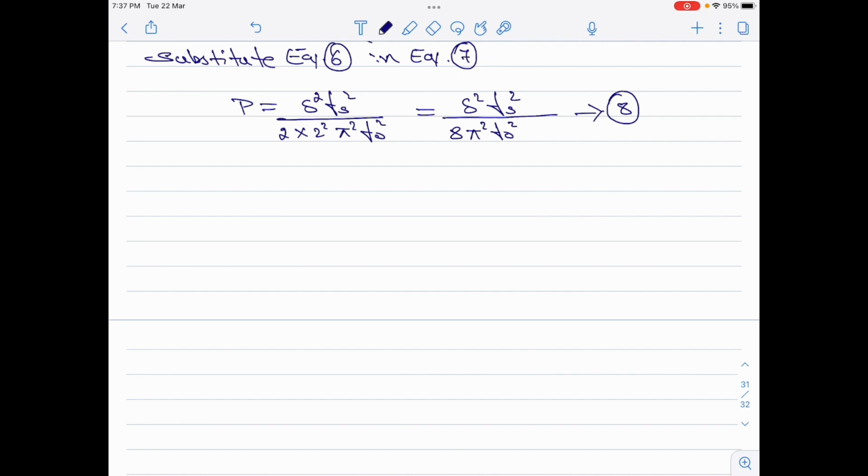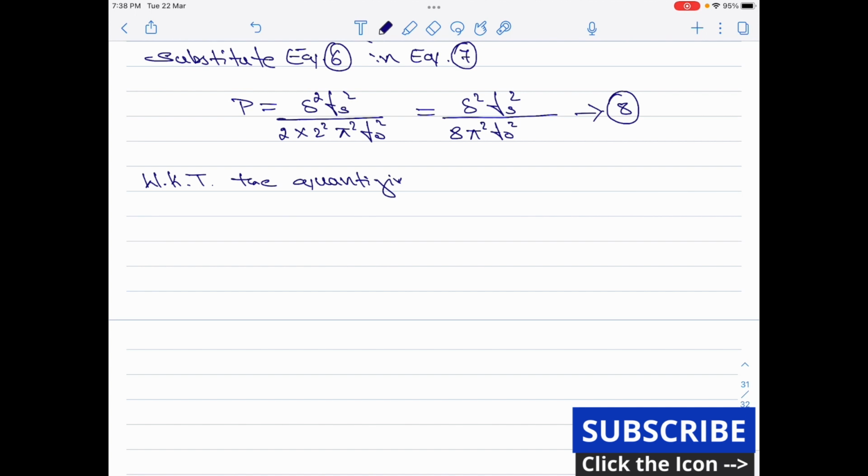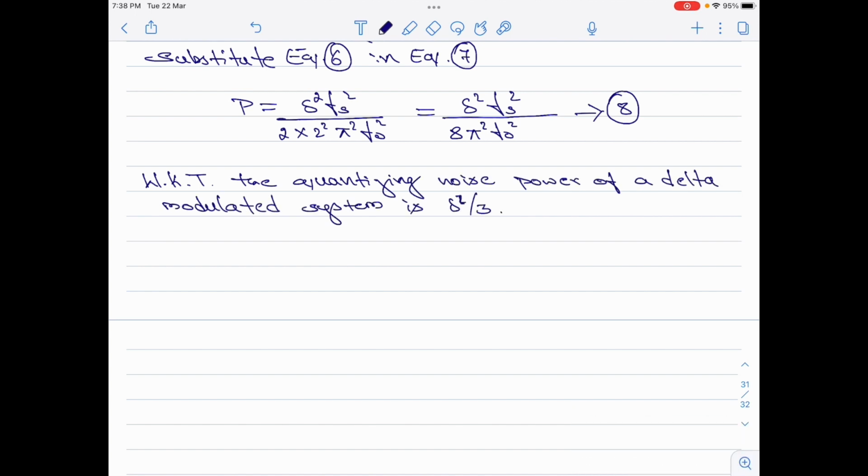In my previous video, when I was discussing delta modulation, I have already derived that the quantization noise power of a delta modulated system is equal to delta square divided by 3. Let me write that down first. Now, we will assume that the quantization noise power is uniformly distributed over the frequency band up to the sampling frequency of Fs.